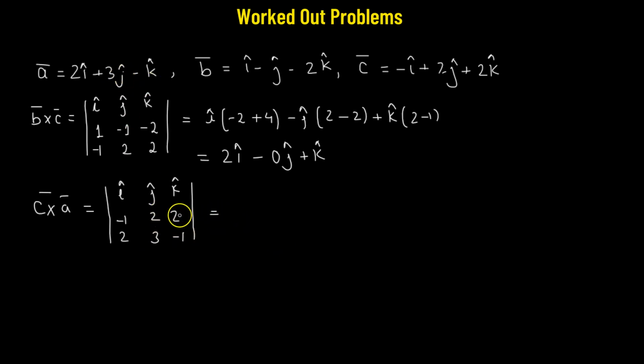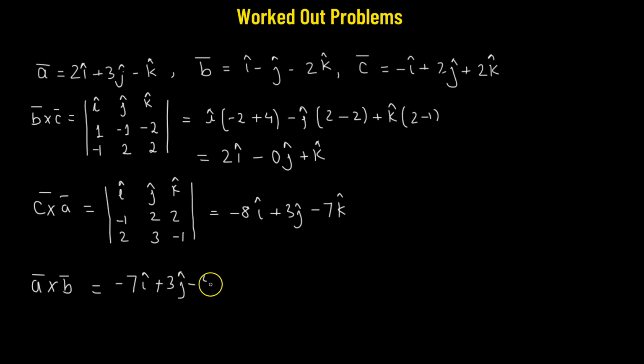When we expand it along the first row, we should get negative 8 i cap plus 3 j cap minus 7 k cap. Similarly, the cross product between vectors a and b gives us negative 7 i cap plus 3 j cap minus 5 k cap. So we have these three cross products.